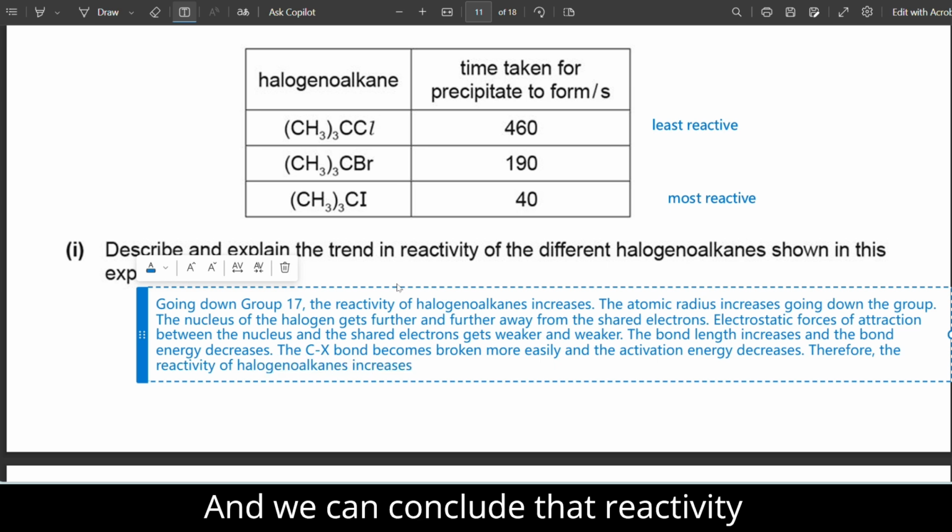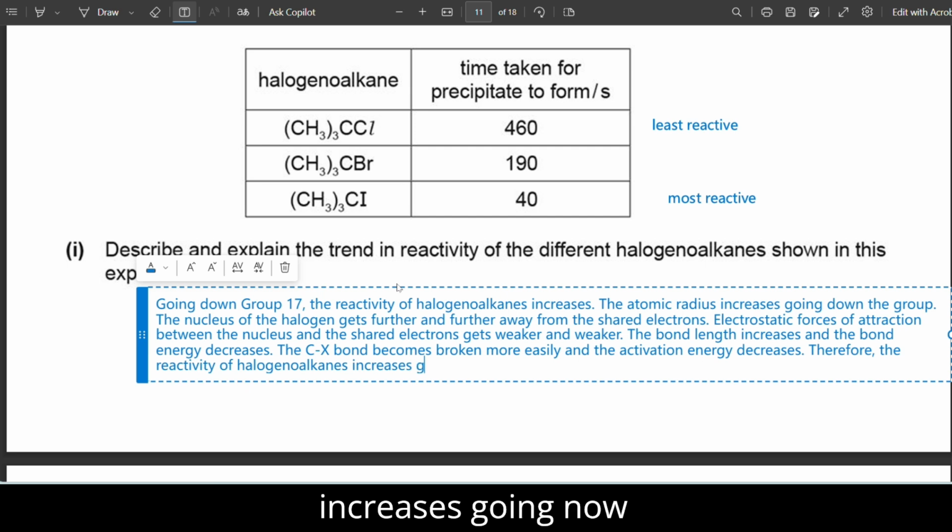And we can conclude that reactivity increases going down group 17.